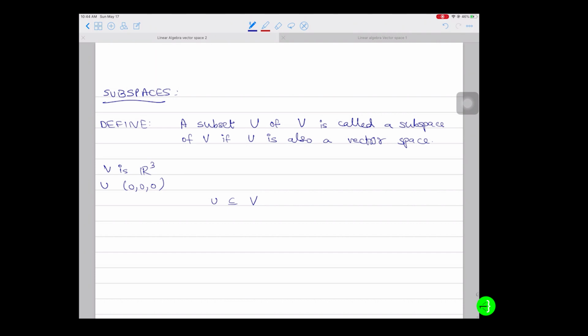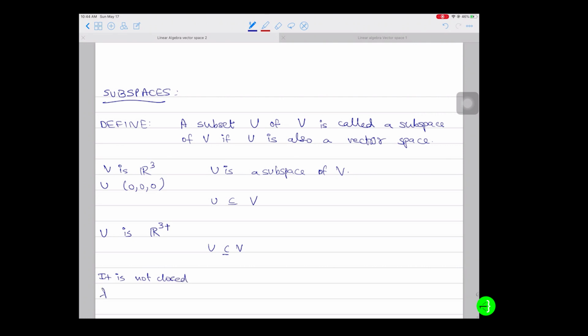One thing is, if we take the example that U is R3 plus, which means only positive numbers, then we know that U is definitely a subset, but here U is not a subspace because it is not closed.